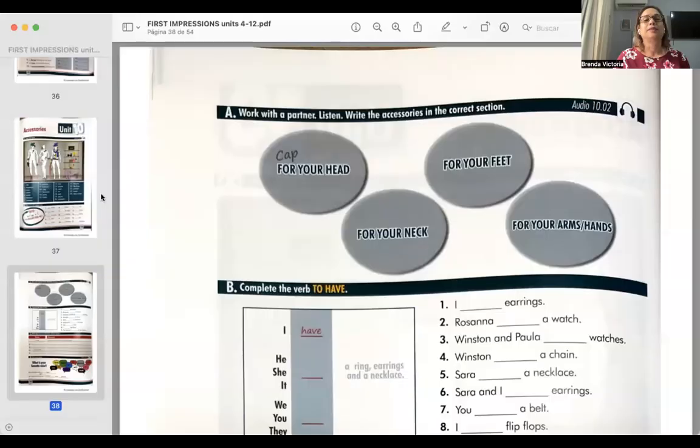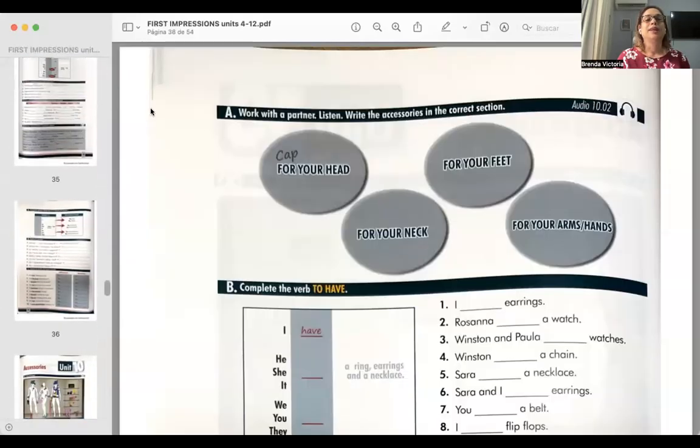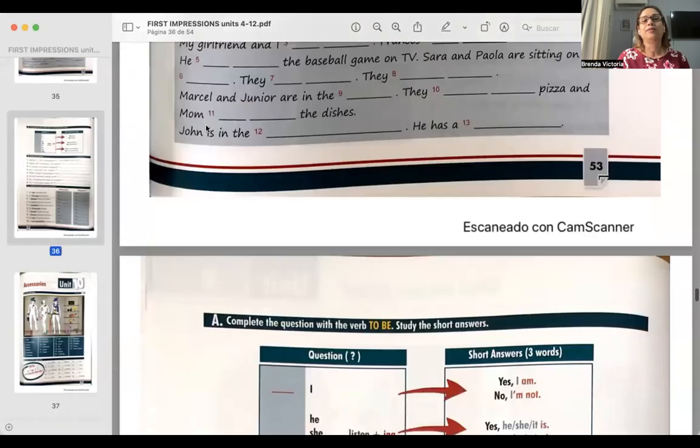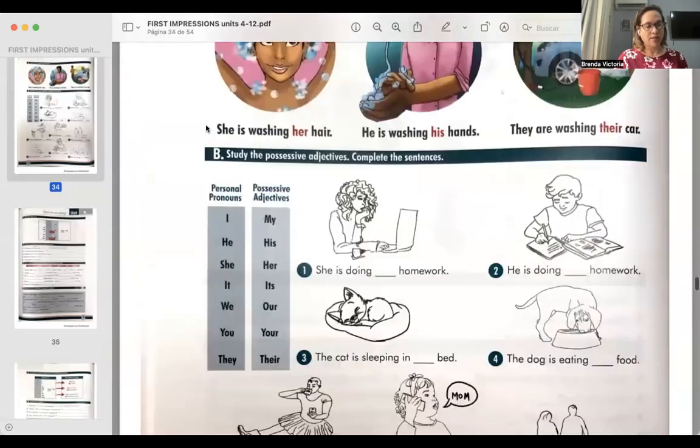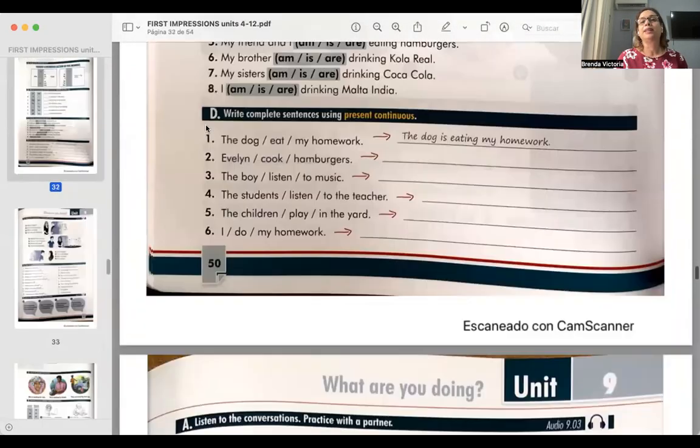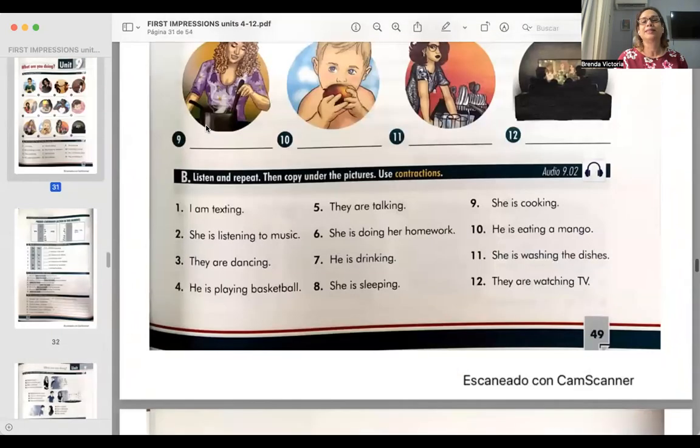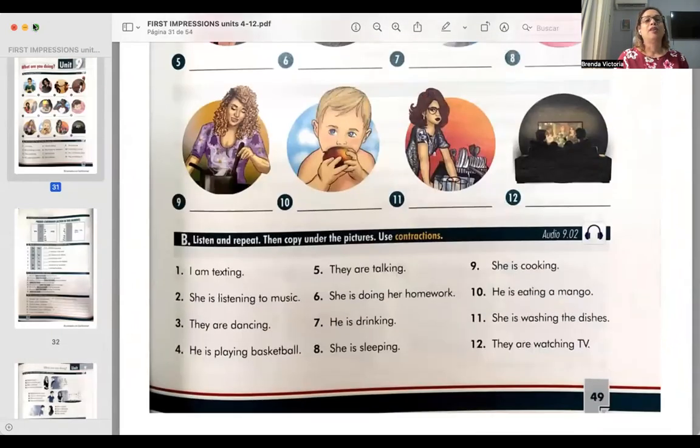Okay, so let me share the screen. Here we have page 49. I know that we did this page in class the last time, but this is just a review of what we did.